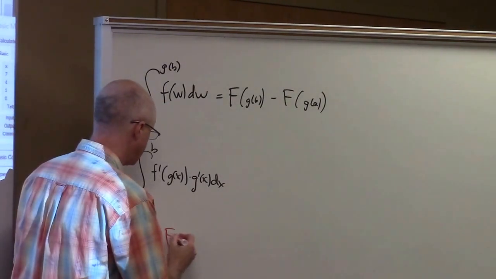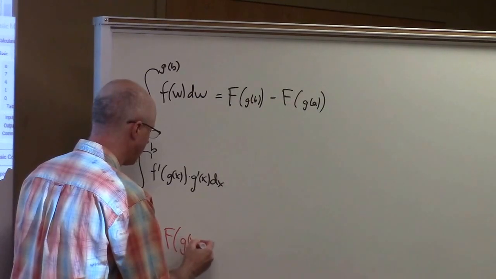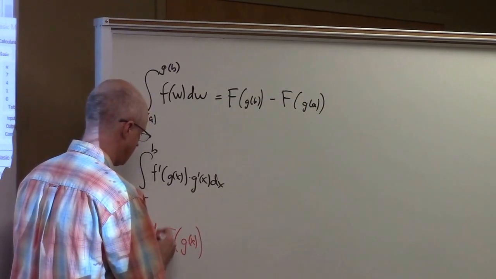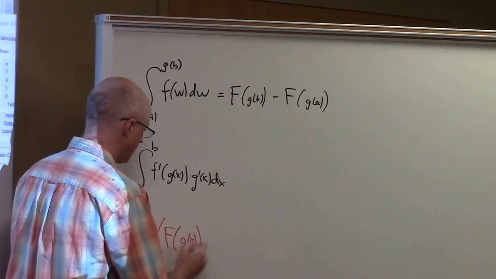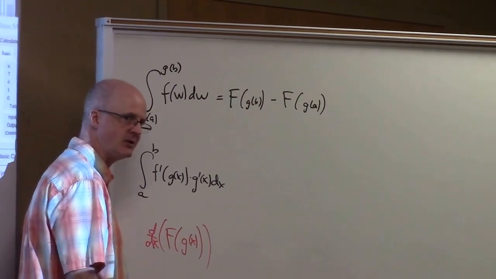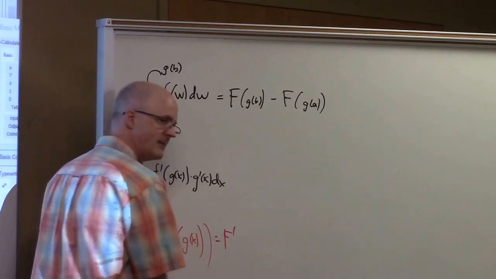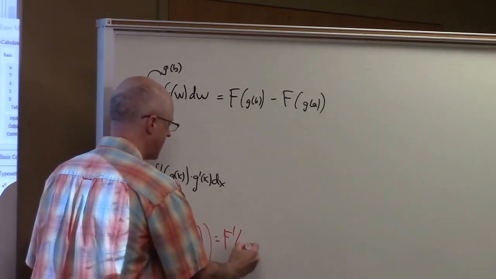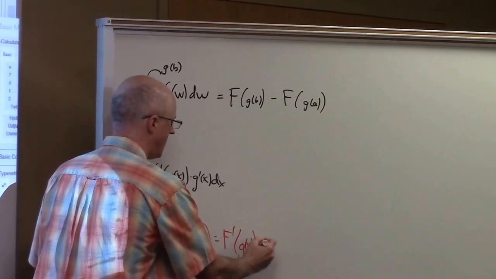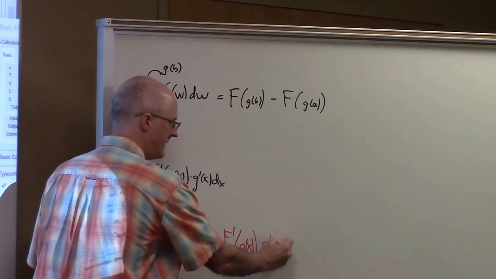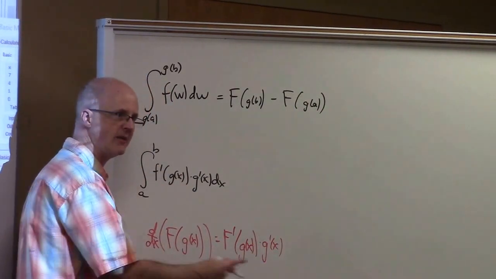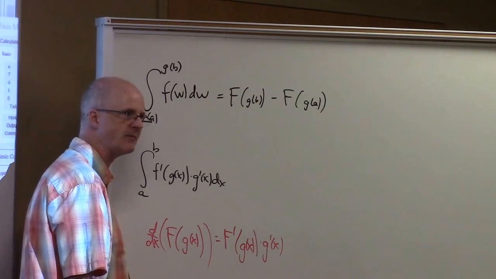If you differentiate the function capital F of g of x, the chain rule says, and you should know this, take the derivative of the outside, plug in the inside, multiply times the derivative of the inside. That's the chain rule in abstract form. You should know that for the test.